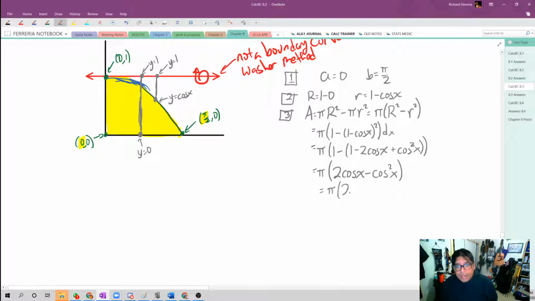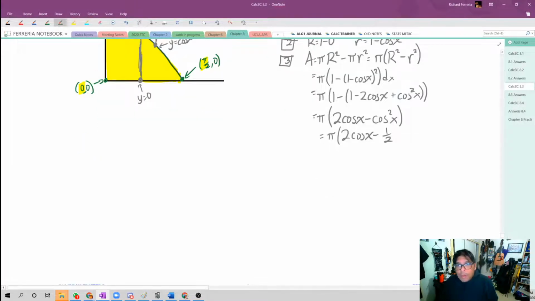So that's pi times (2 cosine x minus 1/2 (1 plus cosine 2x)), and we might as well simplify that out one more time. So pi times (2 cosine x minus 1/2 minus 1/2 cosine 2x).